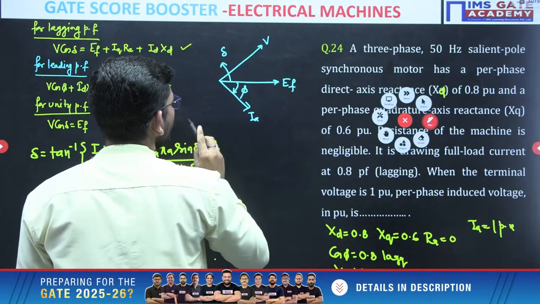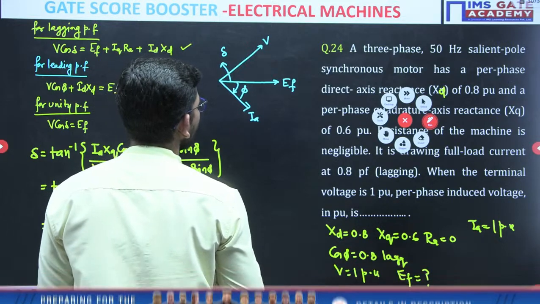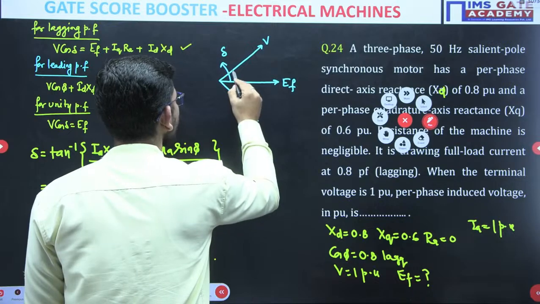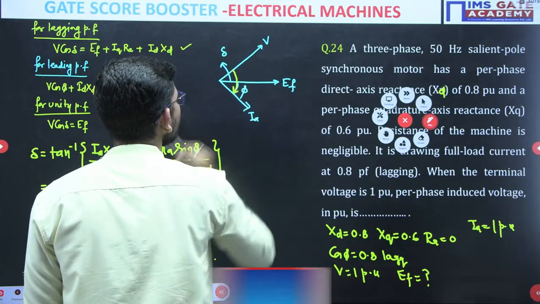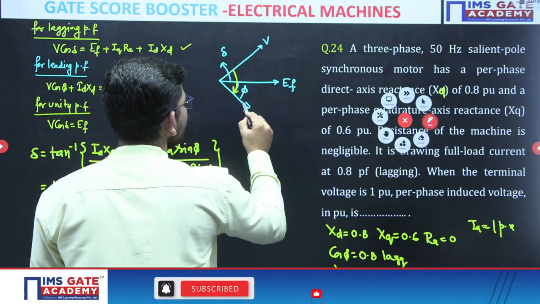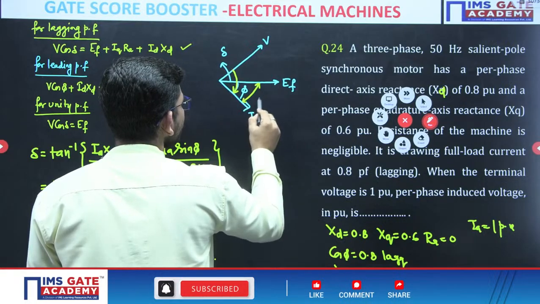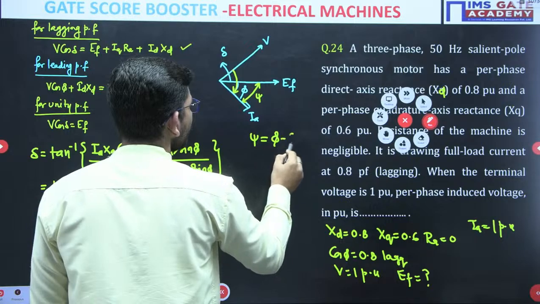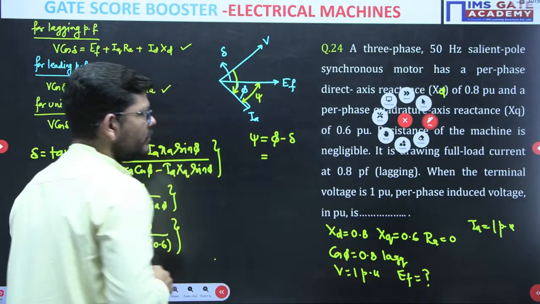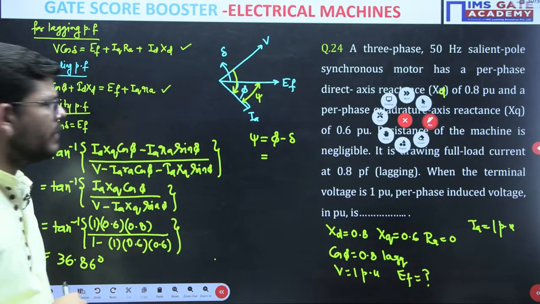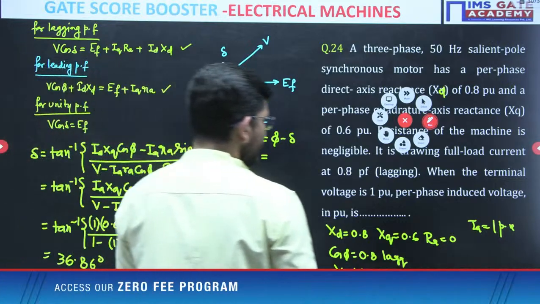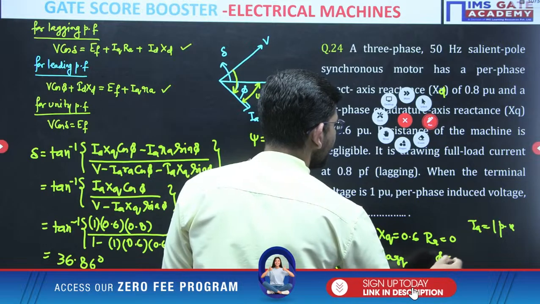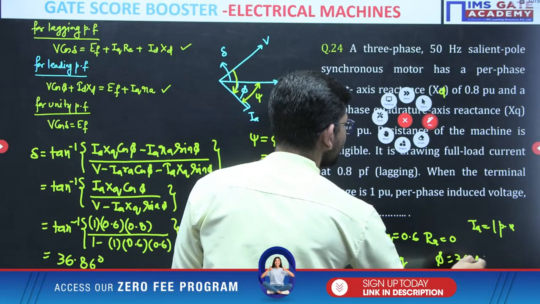Then what will be the psi value? Sorry, this is phi, up to here, this is phi. Now psi is the angle between EF and IA. So psi will be phi minus del. Correct? And if power factor is 0.8, then what will be phi? 36.86, right?